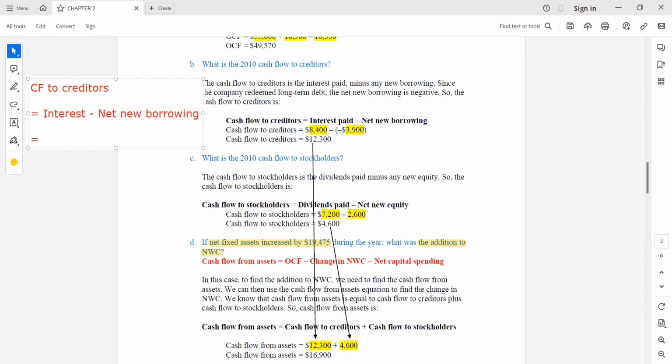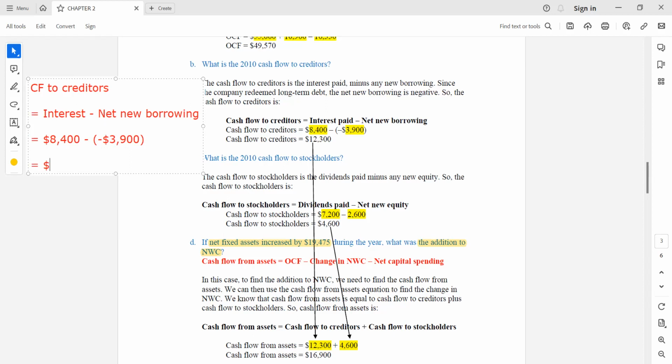So interest payment is how much? 8,400. Okay, that we took from the question. Minus, because we pay back the money. How much we pay back? 3,900. Right? We pay back 3,900, right? Okay, so you see got minus, minus. So when you have two negatives, it becomes positive. Awesome.